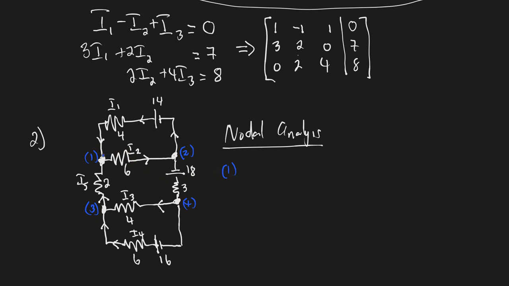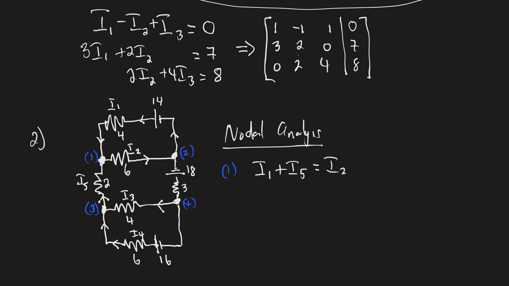So at node 1, we have I1 going in, I2 going out, and I5 going in. So we have I1 plus I5 is equal to I2.